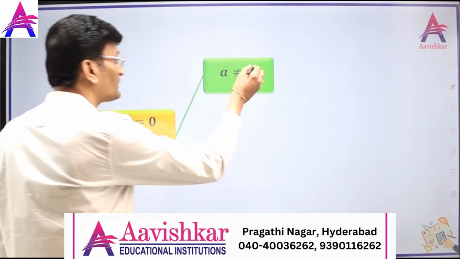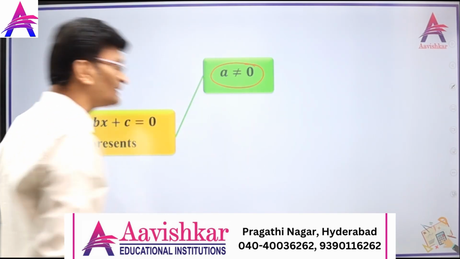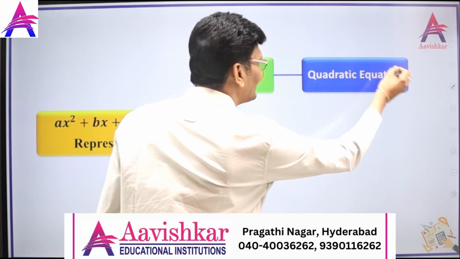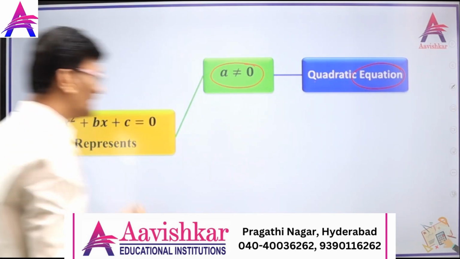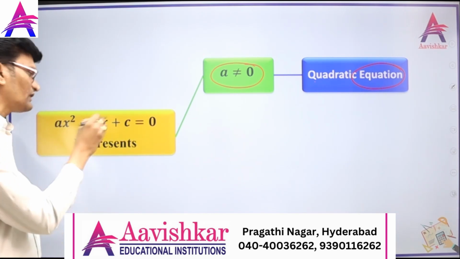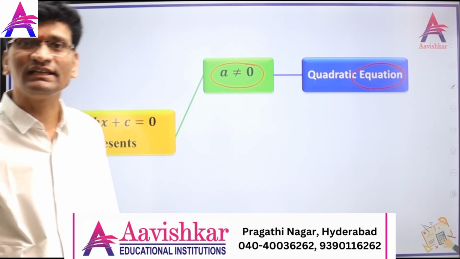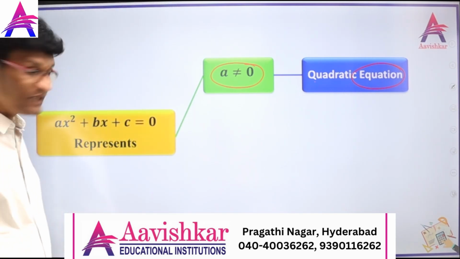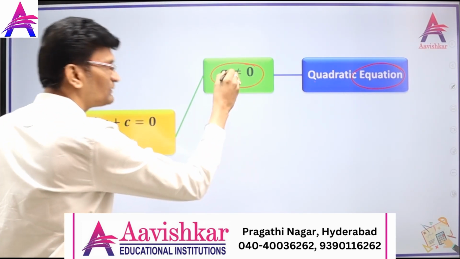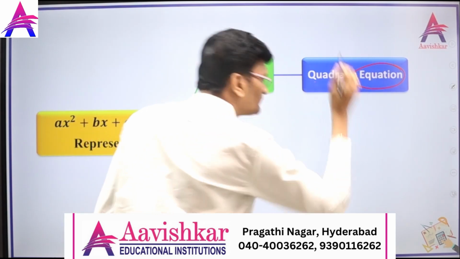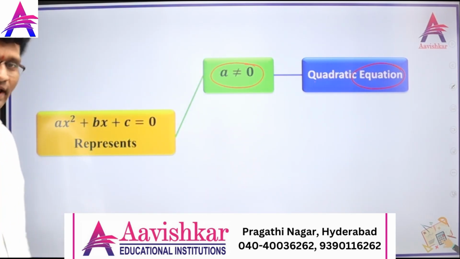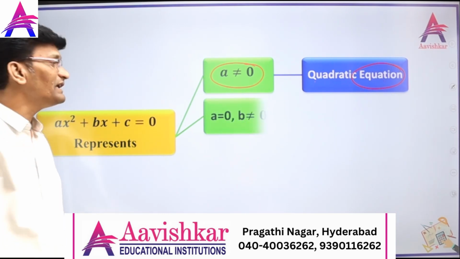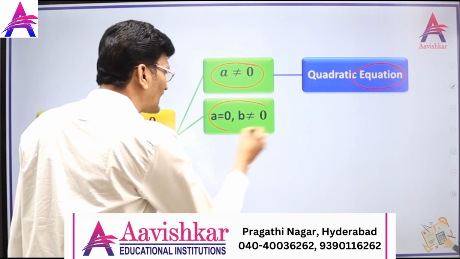If a not equal to 0, then only it represents a quadratic equation. So whenever you are giving the general form of quadratic equation, ax square plus bx plus c is equal to 0, immediately say a not equal to 0. Then only it is said to be the quadratic equation. Now, if a is equal to 0 and b not equal to 0, then what happens?